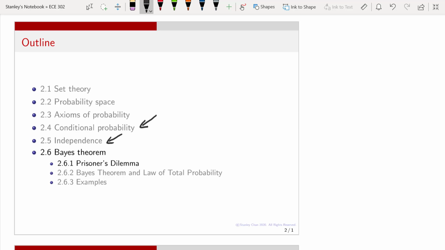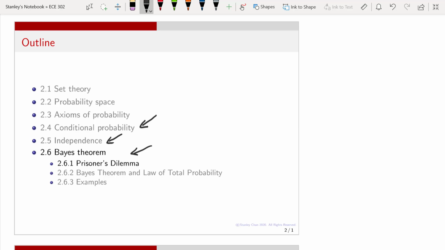In this section, we are going to learn a very useful technique that can help us link conditional probability and independence to practical problems. To motivate our discussion, I want to talk about one very specific problem, called the prisoner's dilemma.